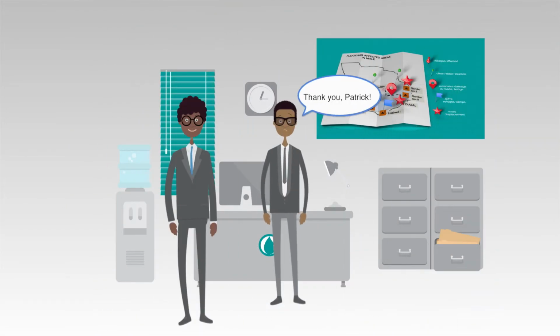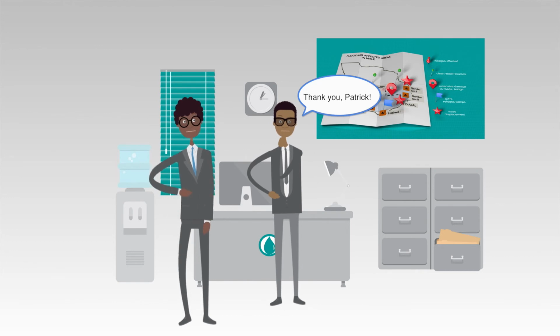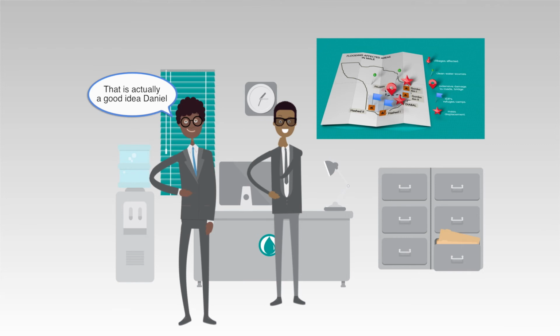Thank you, Patrick. In our situation in Mali, I understand the first thing I have to undertake is the development of a response plan. I should keep in mind, when the crisis is over, that we work on a contingency plan. That would ensure that the WASH platform would be better prepared for a potential new crisis. That is actually a good idea, Daniel.